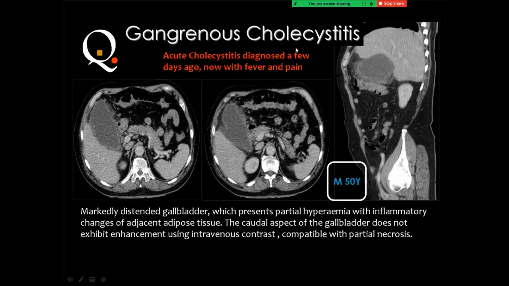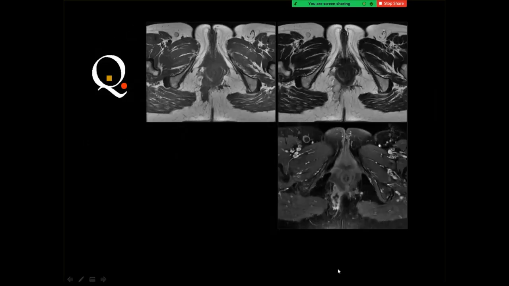Actually, this is, let us say, a very weak sign, but if you see it, you can prevent the progression to perforation of the gallbladder. We can diagnose gangrenous cholecystitis based on the presence of air in the wall of the gallbladder, which means that there is impending perforation of the gallbladder.